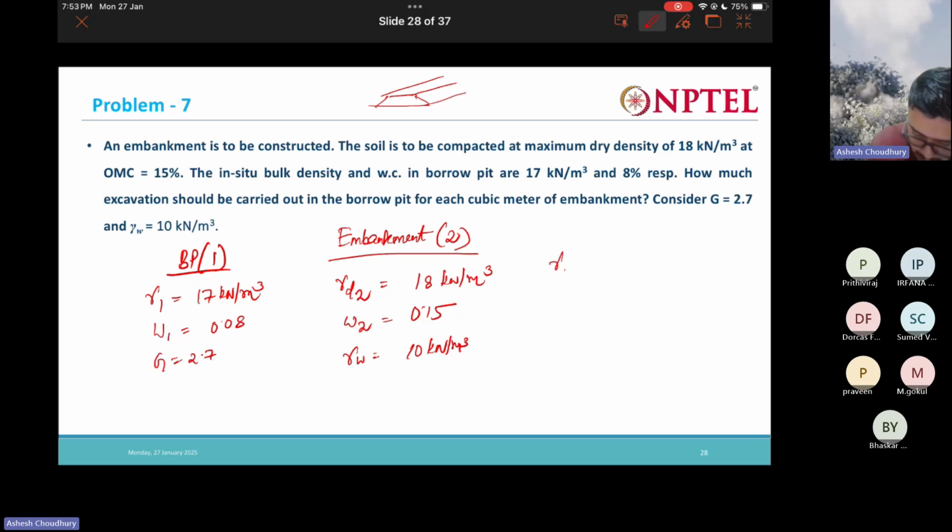Gamma 2 is nothing but gamma d2 into 1 plus w2. So gamma 2 is 18 into 1 plus 0.15.